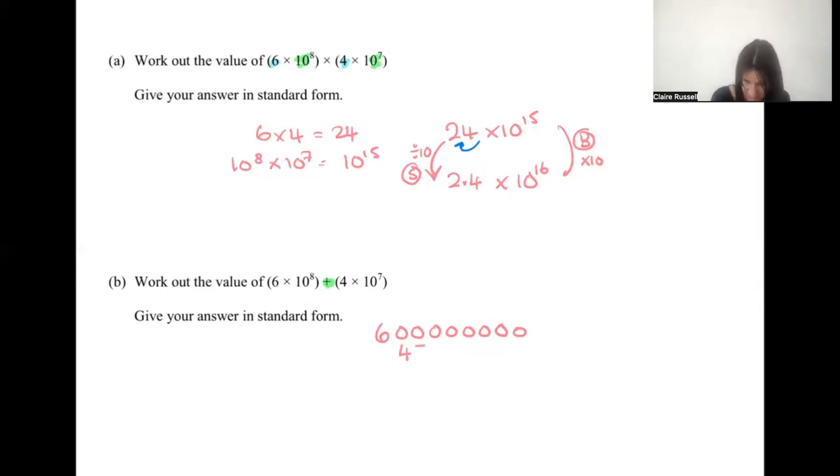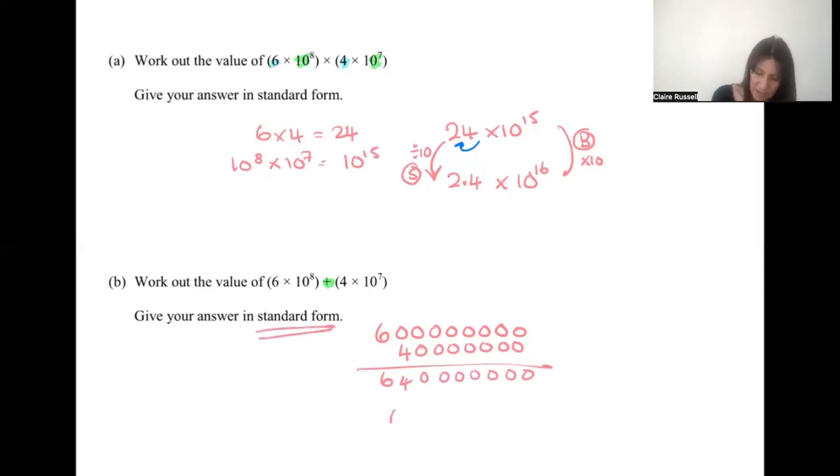Sorry, I'm just about to write a 7, which I don't want to do. Line up all the other zeros. And you can see 1, 2, 3, 4, 5, 6, 7, 4, and then 6. So that is an ordinary number. They want standard form. So you would end up doing 6.4 times 10 to the 8 as your final answer.